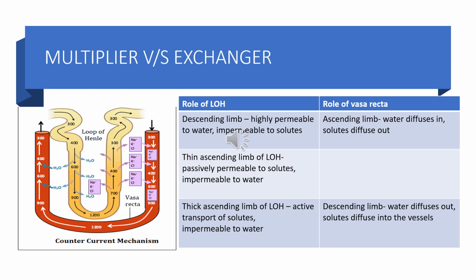The solutes like sodium, chloride, urea, etc. are being constantly recirculated in the medullary interstitium, which helps in the maintenance of hyperosmolarity of the medullary interstitium. So this is achieved by vasa recta.